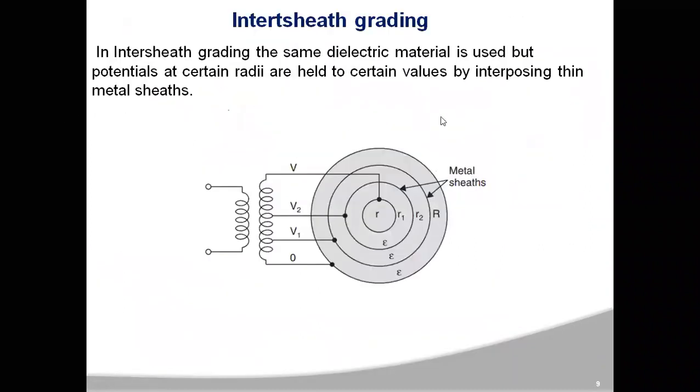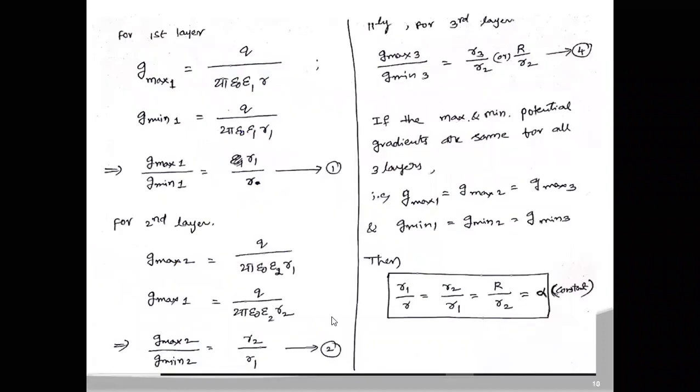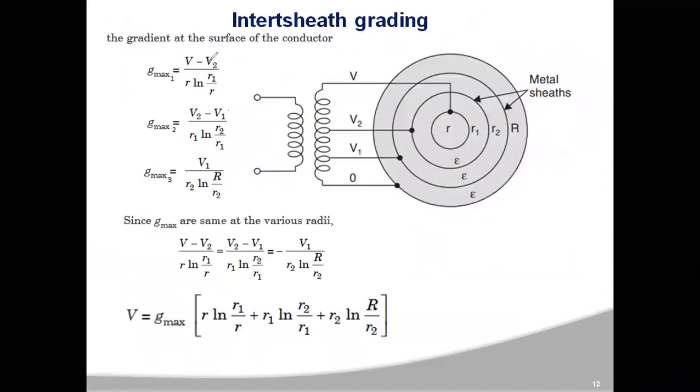Gmax 1 is equal to V minus V2, because between the surface of the conductor and the first intersheath you will have a voltage of V minus V2, so V minus V2 by r into ln R1 by r. Here you will have the maximum, so x will become r.